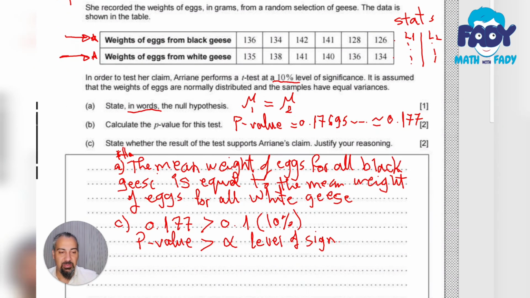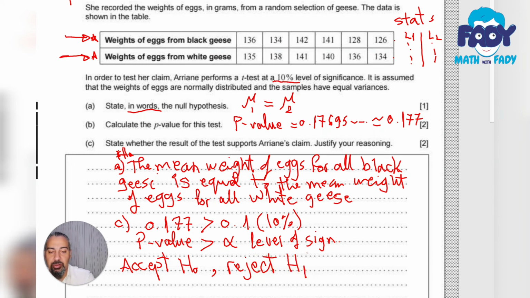This means that we accept the null hypothesis, as there is no evidence to reject the null hypothesis. Means we reject the alternative hypothesis. Means we reject her claim.